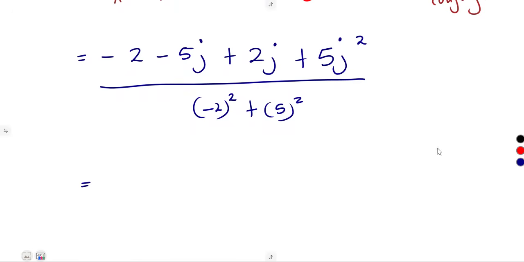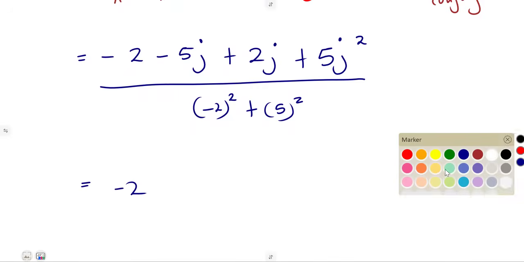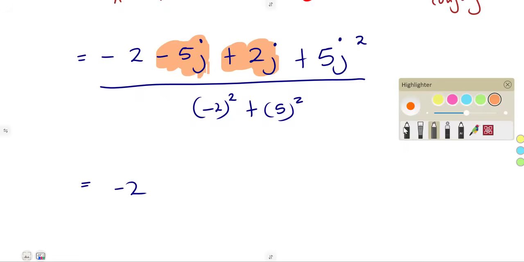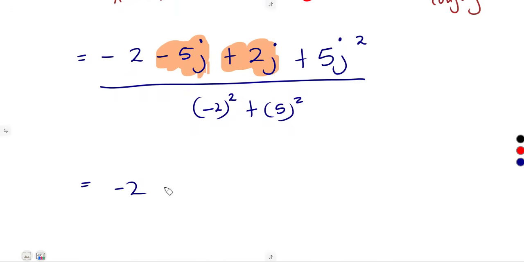All right, so let's simplify the numerator. They are like terms to be considered. The minus 5j and the 2j, those are like terms, so you can consider combining these two together. So minus 5 plus 2, that's minus 3, sorry. So that's minus 3j.